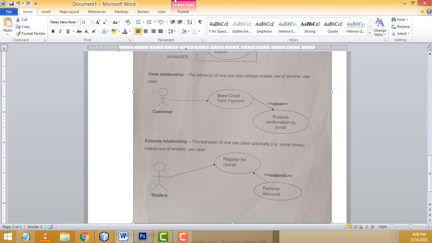This one should be very important. What does the use relationship mean? The behavior of one use case always makes sure of another use case, right? For example, when the customer makes the credit card payment, they should receive the confirmation by mail, right? They should confirm the mail, right?